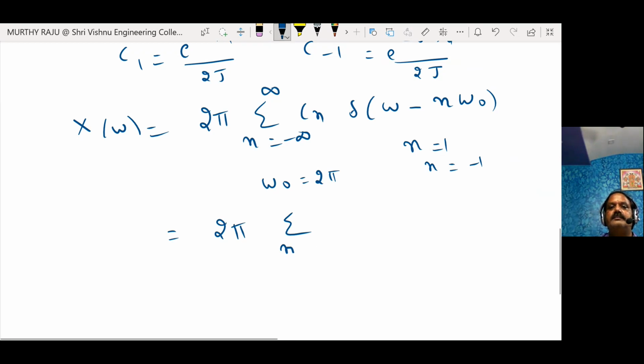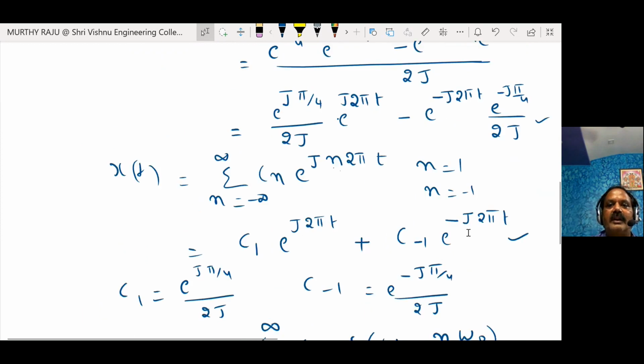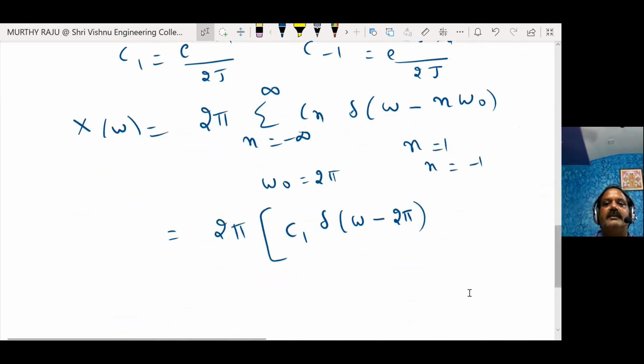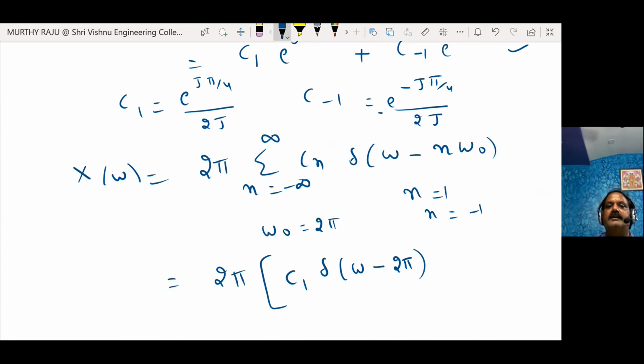For n is equal to 1, we get C1 delta of omega minus 2 pi.